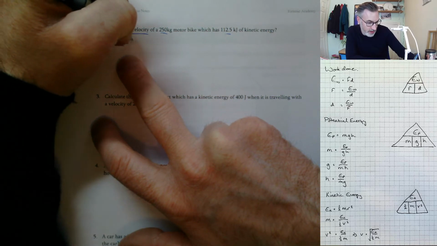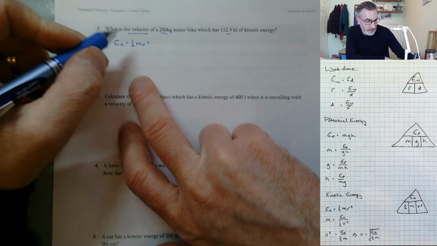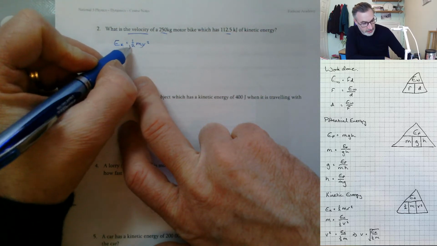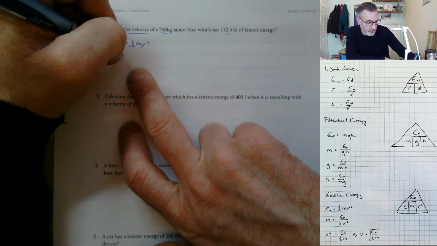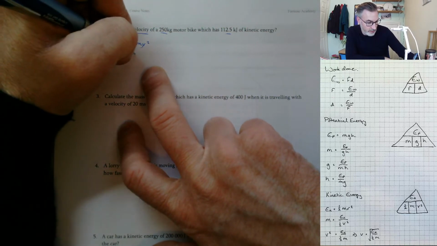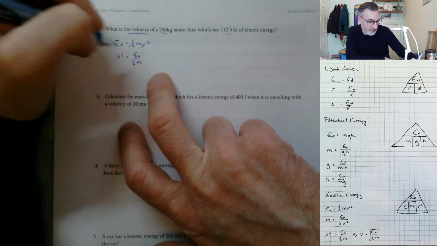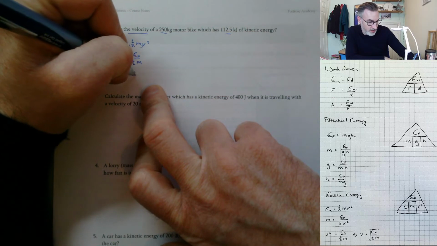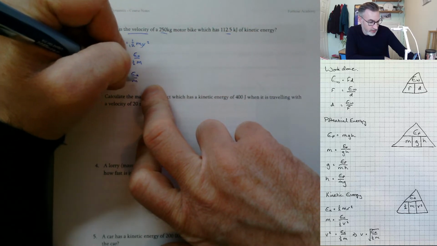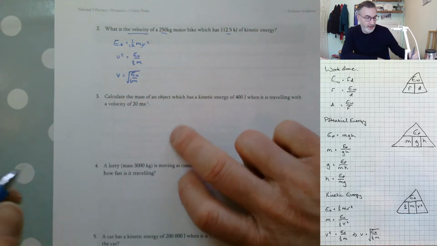So we'll start with EK is equal to half mv squared. Take the half m and cross multiply that down, so we're left with v squared is equal to EK over half m, which will then give us v is equal to EK over half m and the square root of all of that.